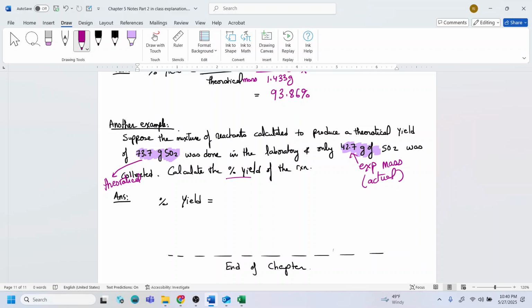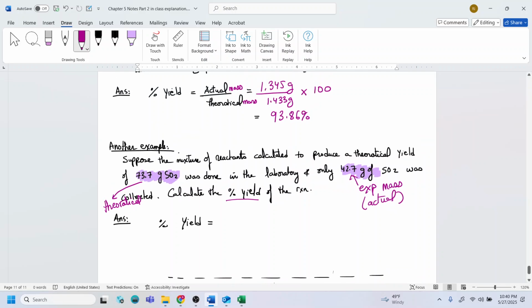So the percent yield is equal to the experimental divided by the theoretical times 100. So it's equal to 42.7 grams of SO2 divided by 73.7 grams of SO2 times 100, you guys, and that is equal to 57.9%.